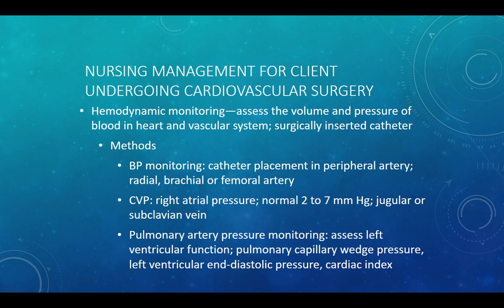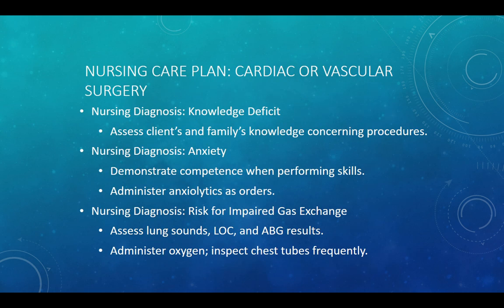So you want to know what is normal. A normal CVP, a right atrial pressure, is 2 to 7. Pulmonary artery pressure monitoring assesses left ventricle function. Pulmonary capillary wedge pressure is about 12.